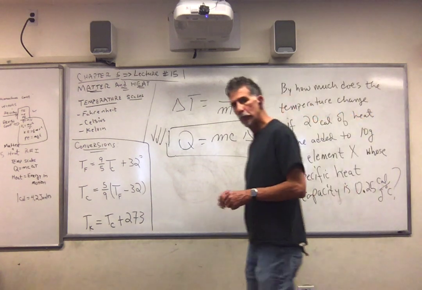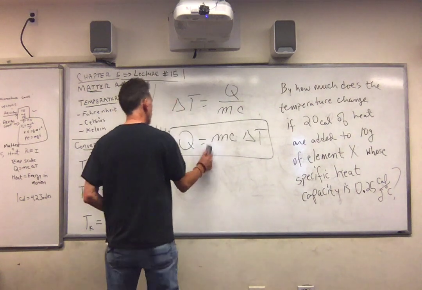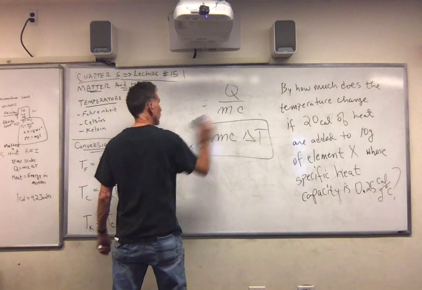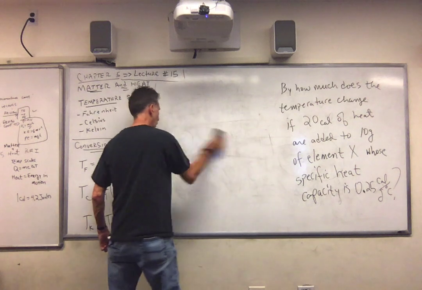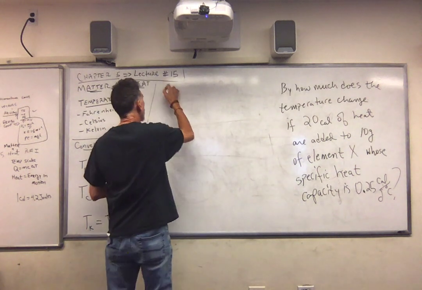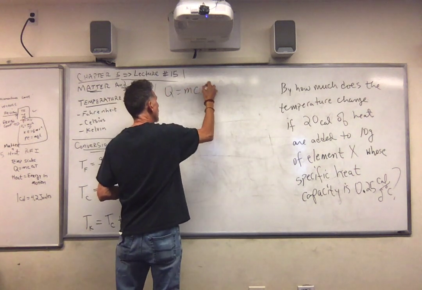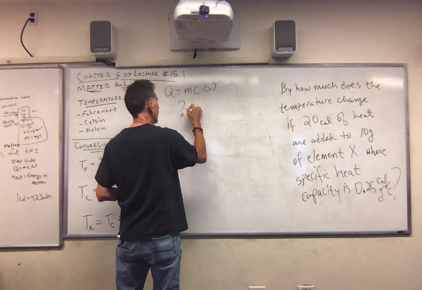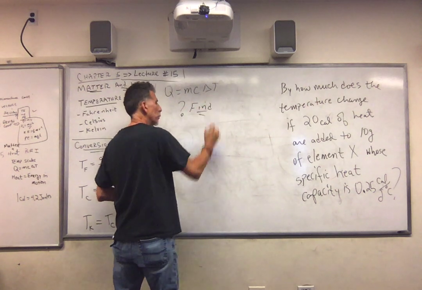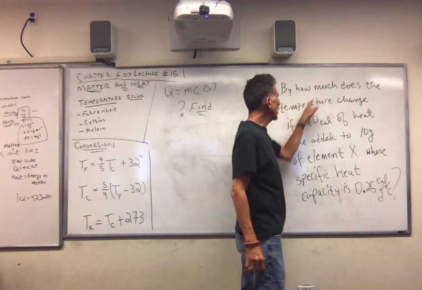Okay? So what do we need? We need this equation. Q equals MC delta T. What are we trying to find in this problem? By how much does the temperature change?